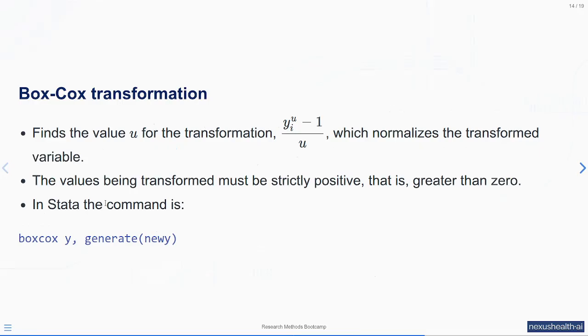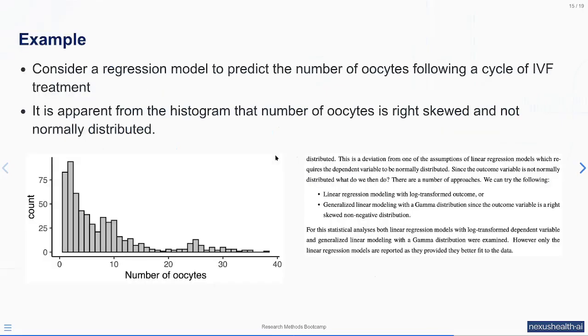Again, in Stata, the command to do that is given as shown. So it's just for us to be aware. So this is the Box-Cox transformation: y raised to power u minus 1 divided by u, and so solving for the value of u, which normalizes the transformed variable. So let's look at a practical example that illustrates this approach.